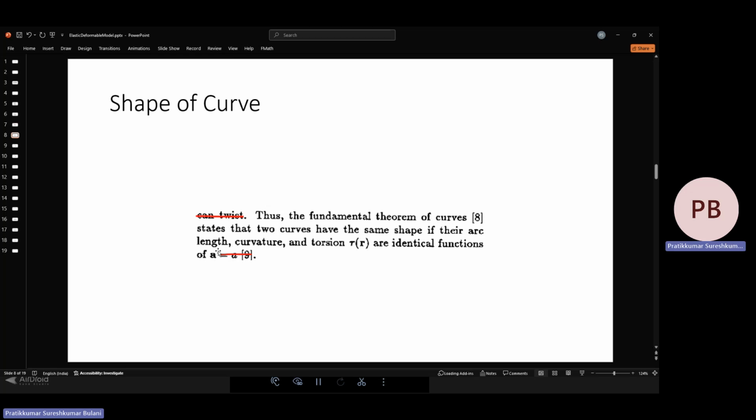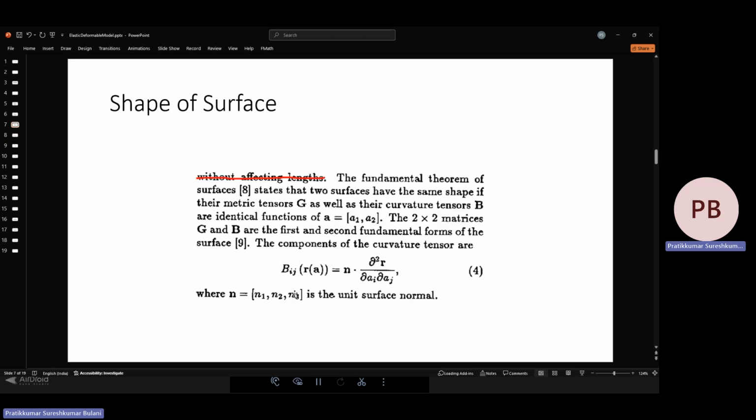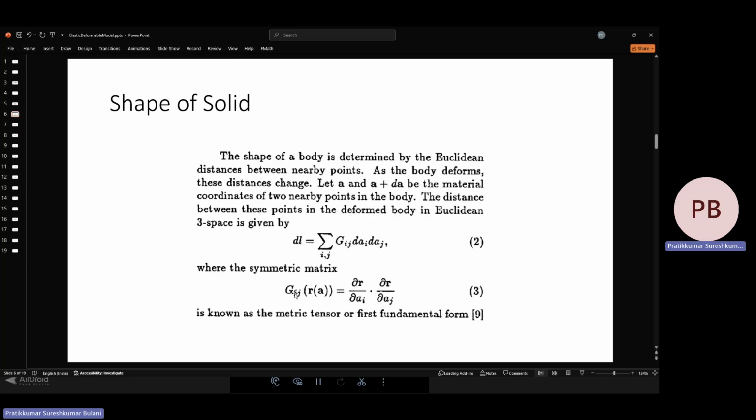The G matrix over here is 1 cross 1 because it has only one parameter, A1. There's no other parameter. It's a curve. That's why it becomes a 1 cross 1 matrix. Similarly, the B matrix is 1 cross 1. The torsion will also be a 1 cross 1 matrix. But for a surface, G is a 2 cross 2 matrix, B is also a 2 cross 2 matrix, and for a volume, G is a 3 cross 3 matrix.